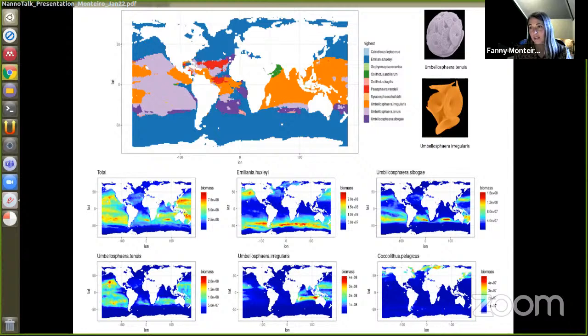So we could do that and then estimate how much calcium carbonate is produced from coccolithophores. But we can't link it yet with the carbonate chemistry or the carbon cycle, because we will need to include all the calcifiers in the ocean.